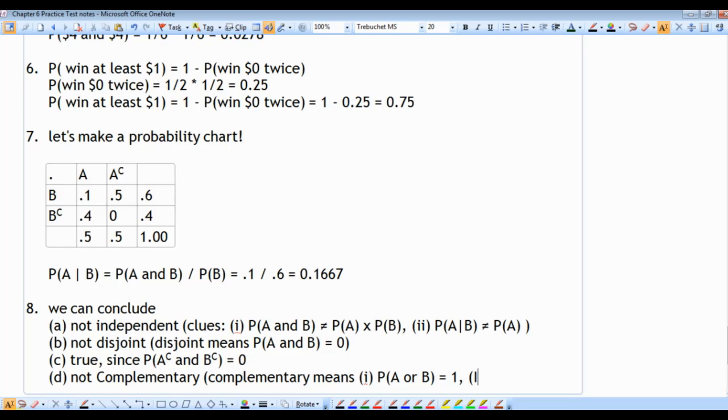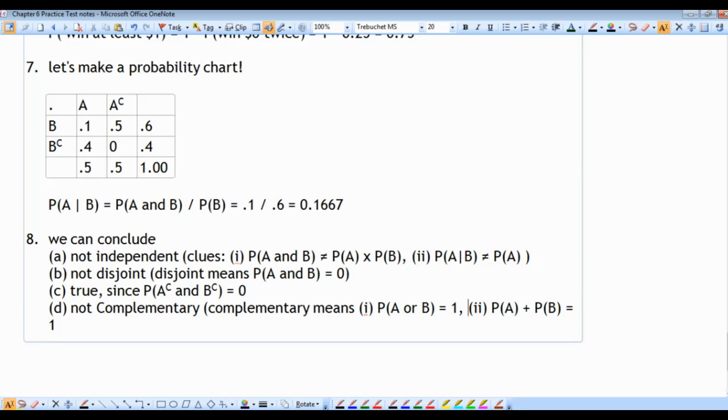Number two, the probability of A plus the probability of B has to equal 1. Yeah, that's it. Okay.